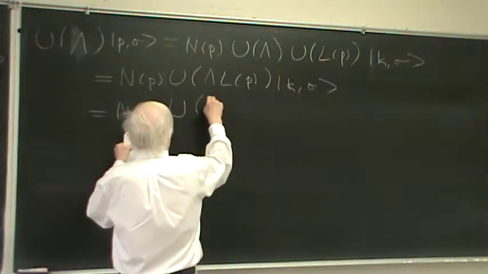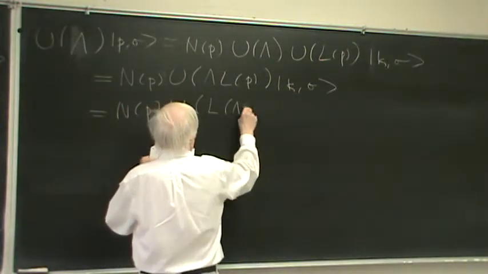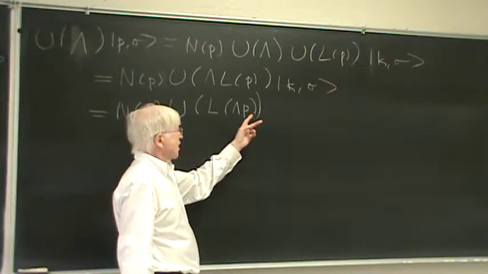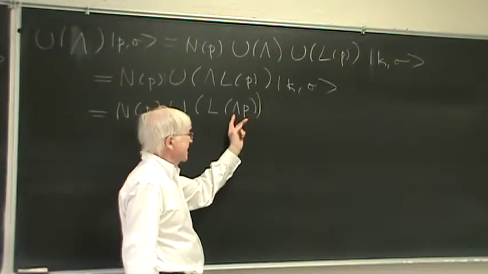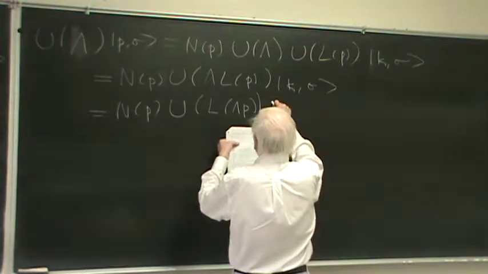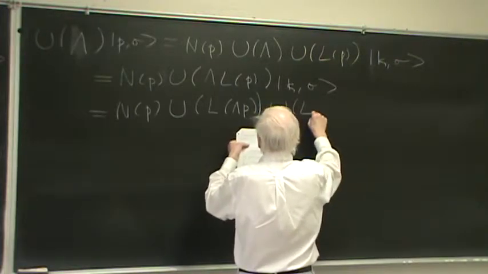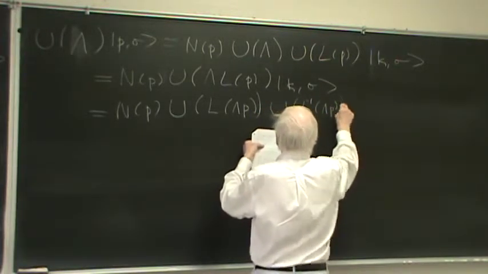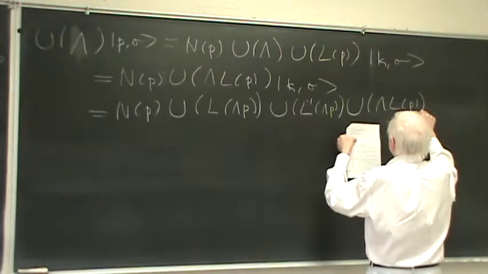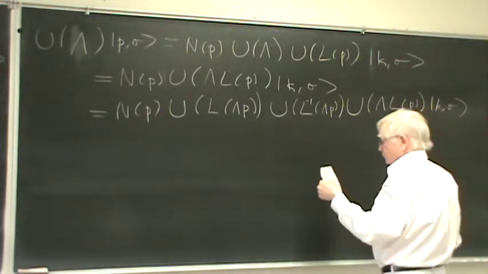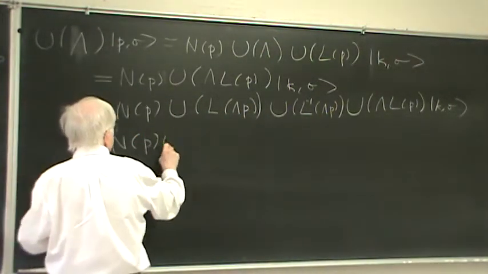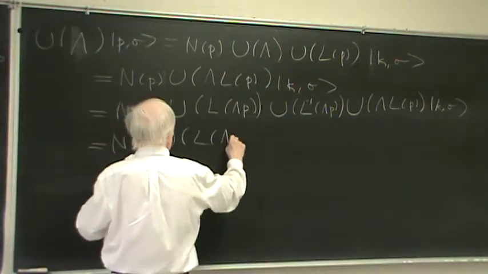We write this as U of L of lambda P. So this is the standard Lorentz transformation that takes one from K to the vector lambda P. And the next step is U of L inverse of lambda P, and then U of lambda L of P, and then K sigma.